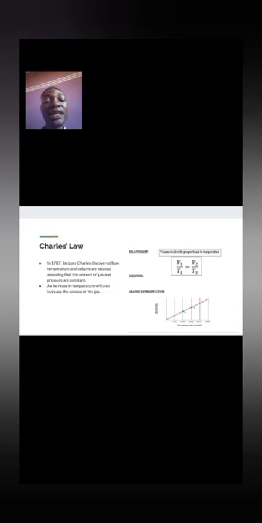In 1787, Charles discovered how temperature and volume are related, assuming the amount of gas and pressure are constant, which means the amount of gas in a container and the pressure in that container are constant.